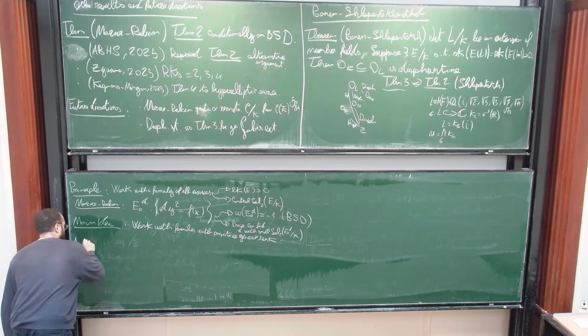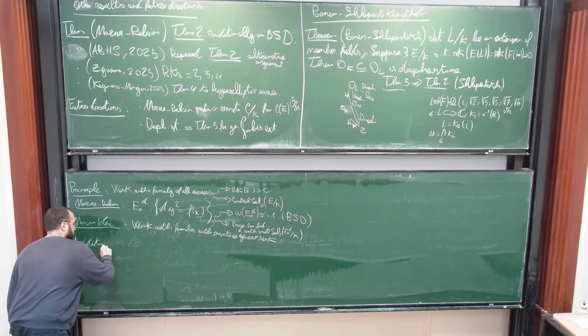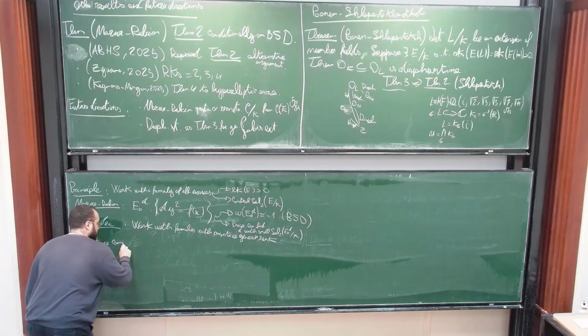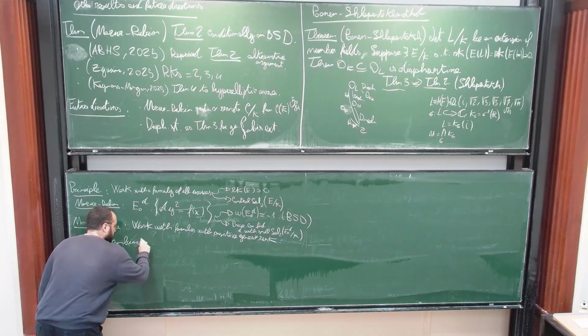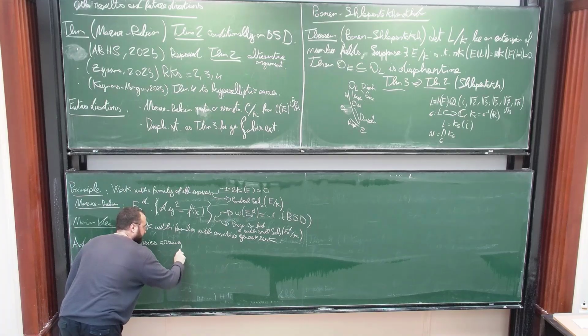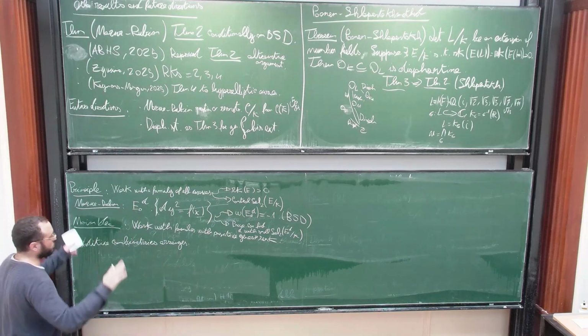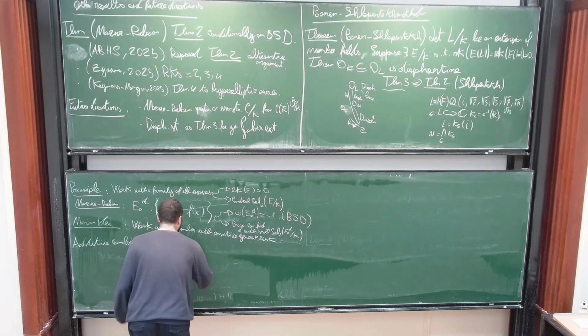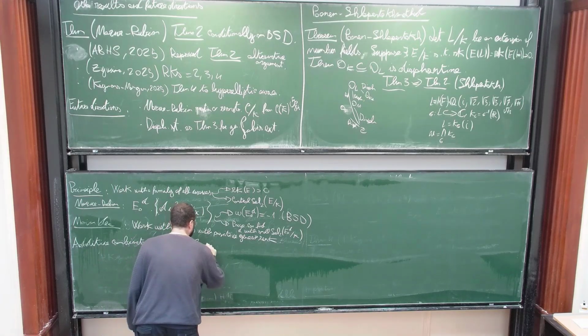So additive combinatorics arranges for Selmer. So that's in a sort of a very cartoon way the way this proof works.